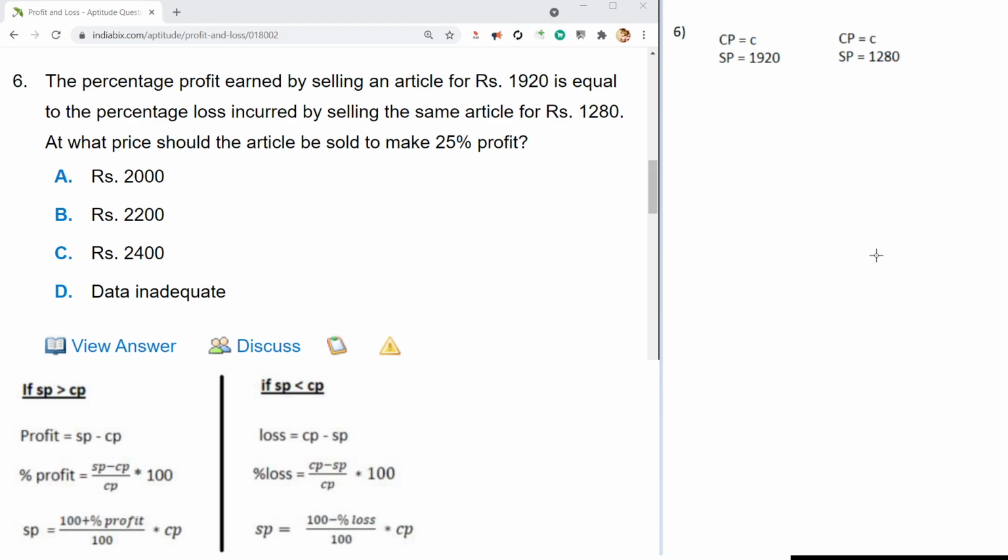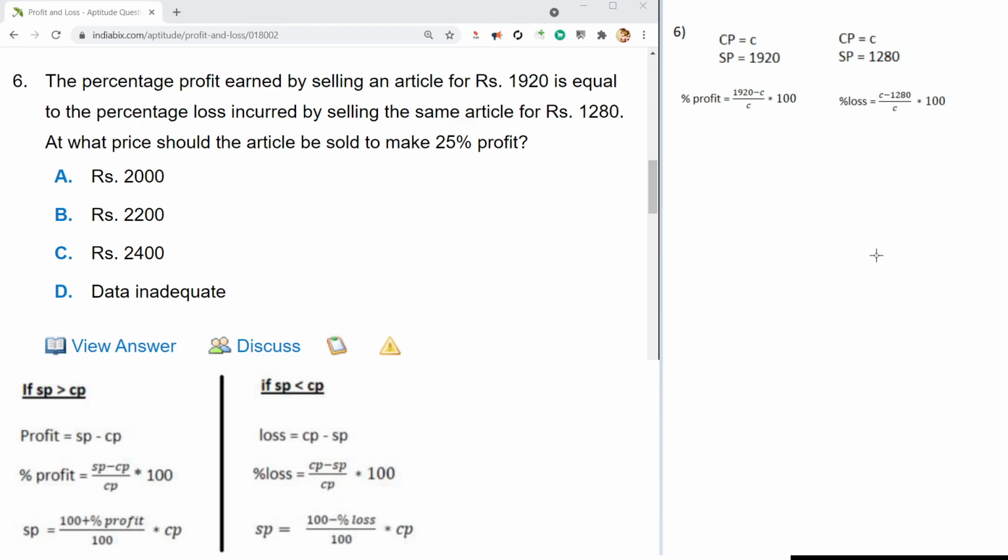What he is saying is, first case profit came, second case loss. The percentage profit formula is SP minus CP by CP into 100. So SP is 1920 minus C by C into 100, first case. The percentage loss formula is CP minus SP by CP into 100, so percentage loss is C minus 1280 by C into 100.